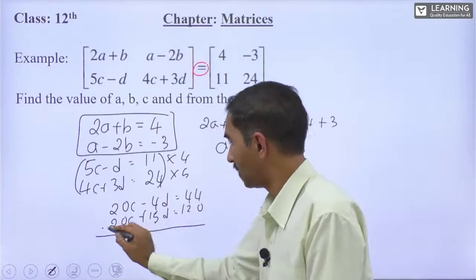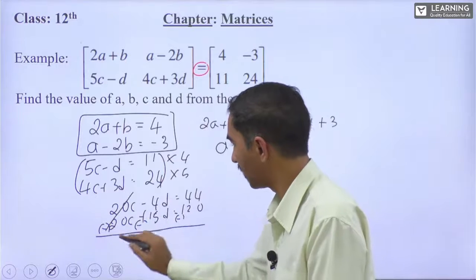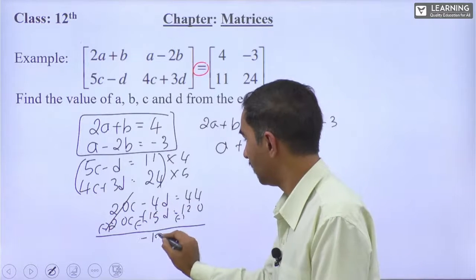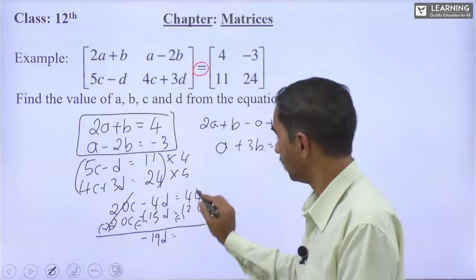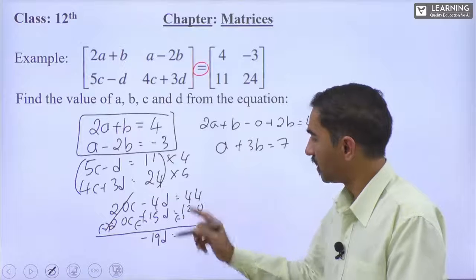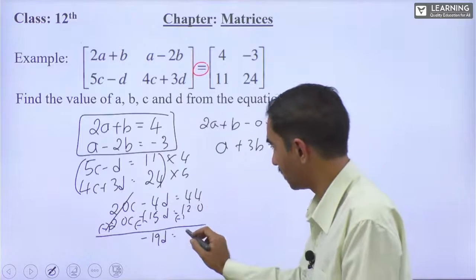Okay, so change the signs: minus, minus and minus. So these both will get cancelled. Minus 15D minus 4D, this will become minus 19D, which is equal to minus 120 plus 44. So this will give us minus 76.